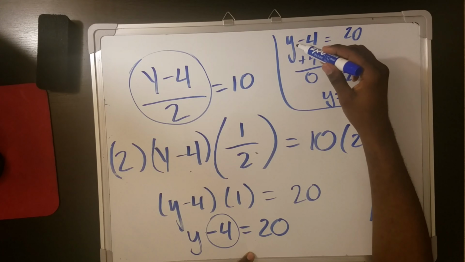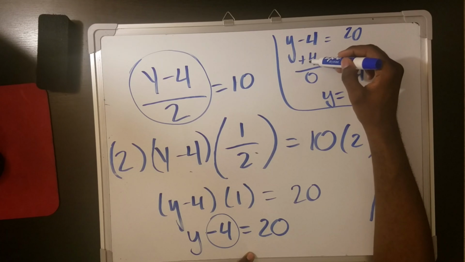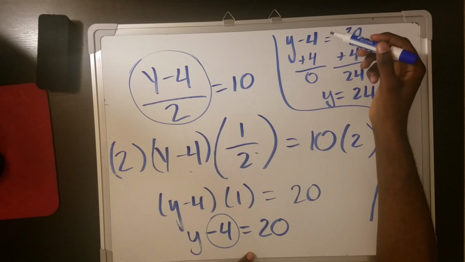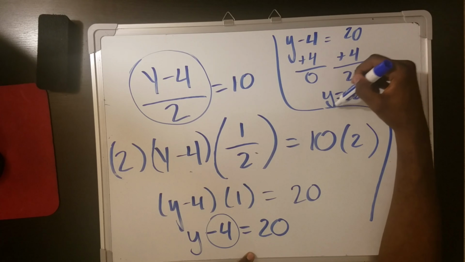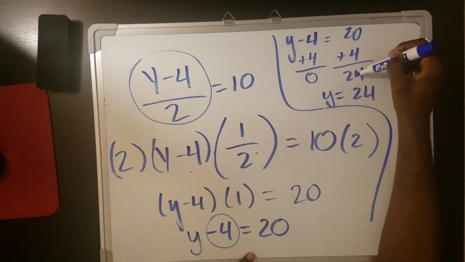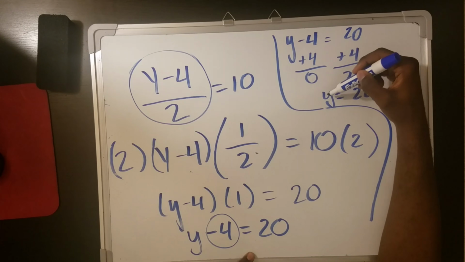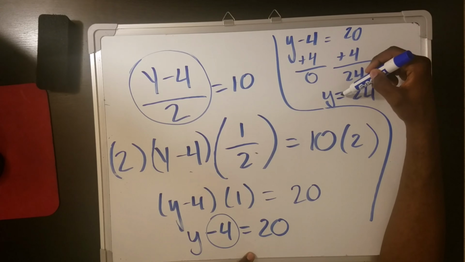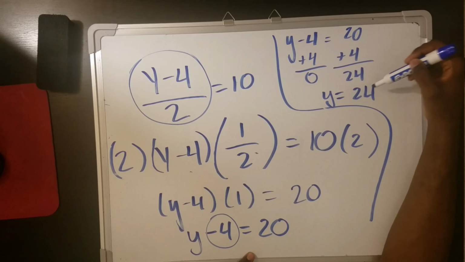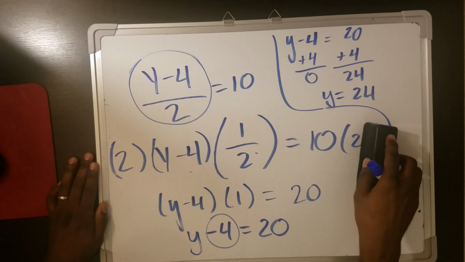So y minus 4, we add a 4, so now it becomes y plus 0. Y plus 0 is just y. Now we do 20 plus 4 equals 24. So on one side you have y, on the other side you have 24. Y must equal 24. But we're not done yet.